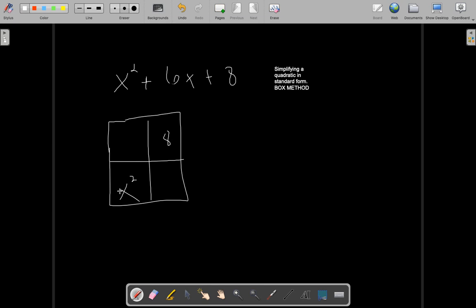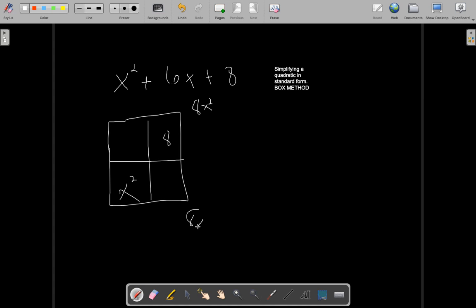How we do that is first we take the x squared on the left and the 8 on the right, and multiply these two together, which gives us 8x squared. The idea is that these two boxes multiply together diagonally to equal this, and these two boxes are going to be exactly the same.